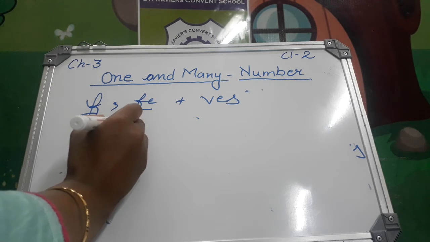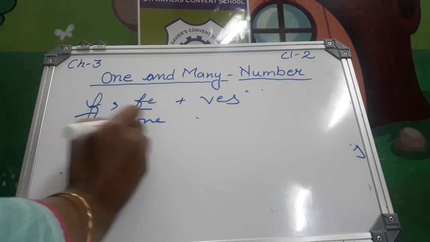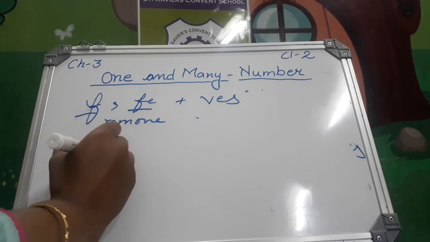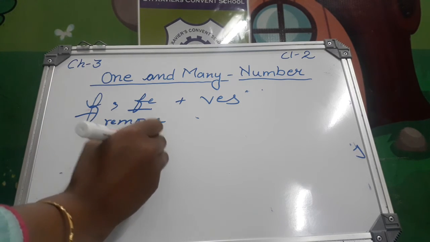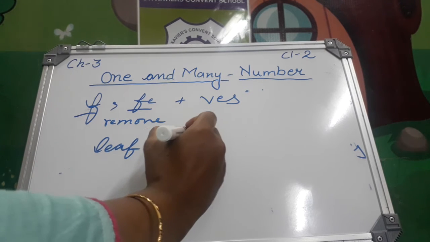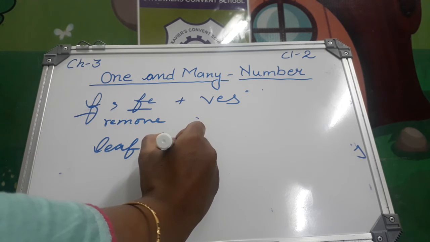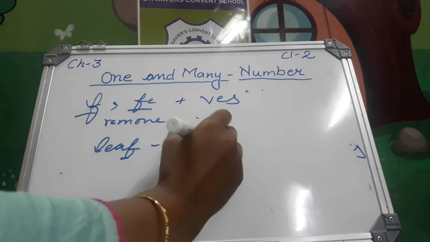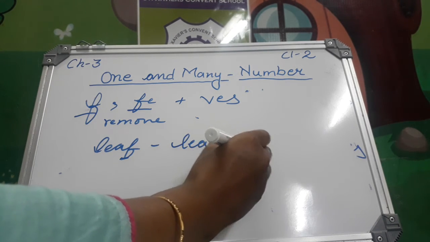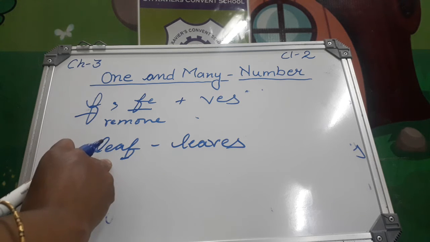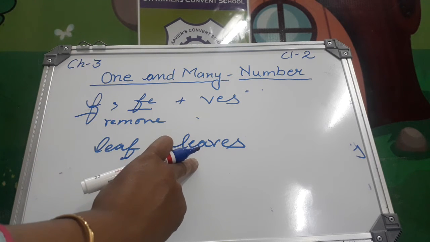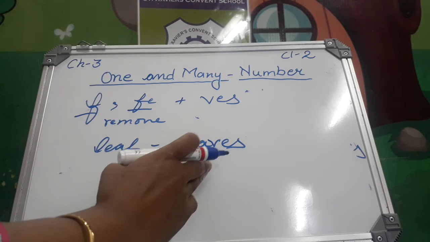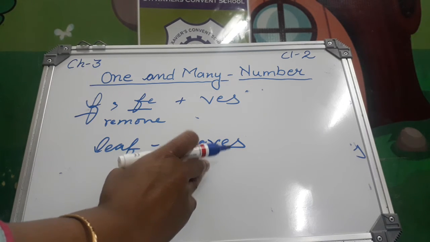For example, leaf. What will be here? Leaves. We have to remove f. One leaf and more than one leaves. This is singular and this is plural form of leaf.